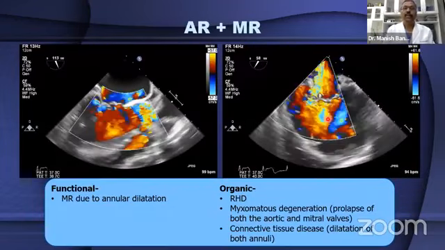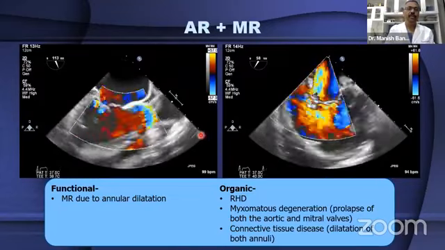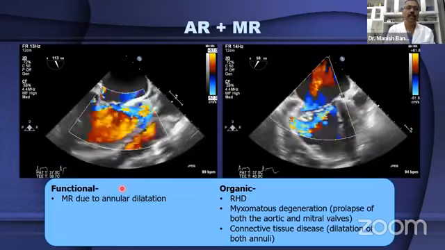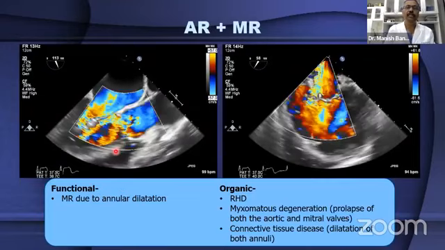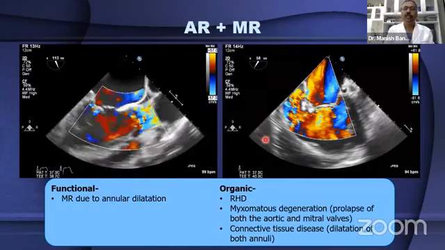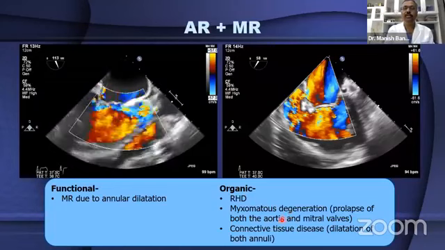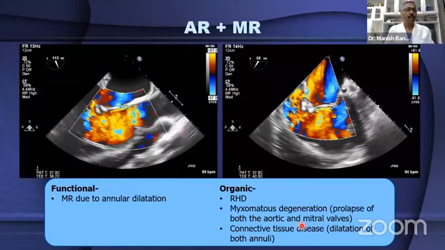AR and MR is another combination which we can come across. It may be functional due to annular dilatation resulting in mitral regurgitation in a patient with severe AR, or both the lesions may be organic, either because of rheumatic heart disease or myxomatous degeneration or connective tissue diseases.